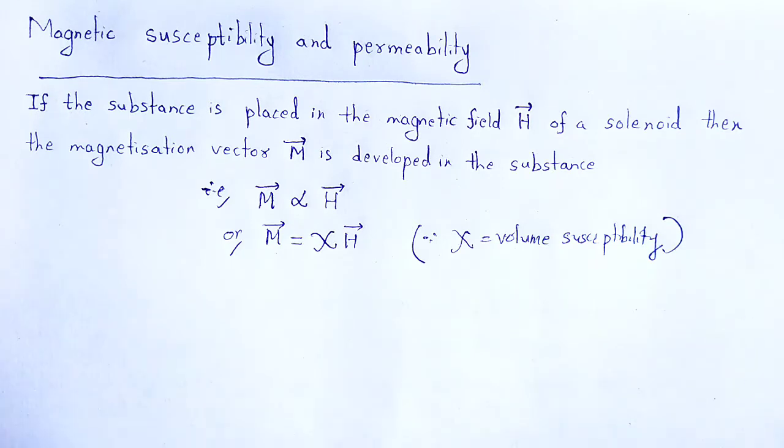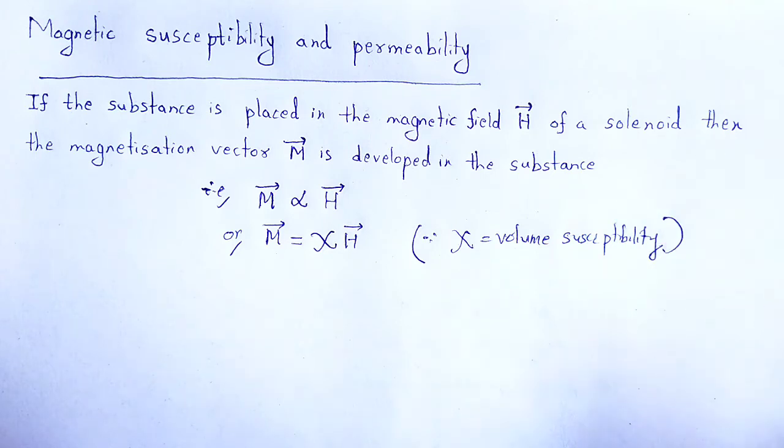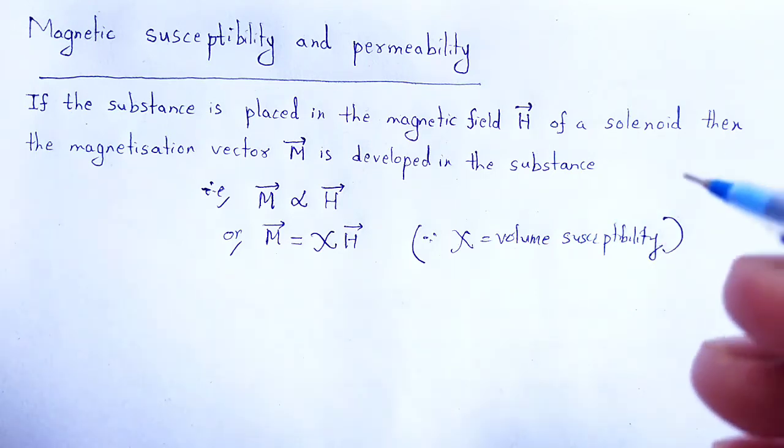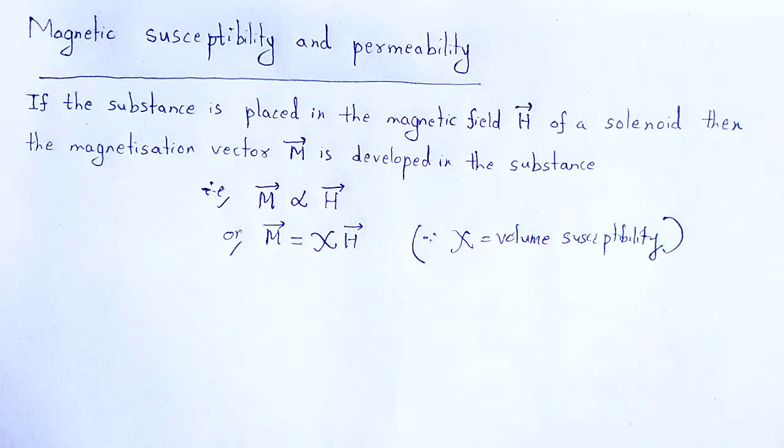If we take an example, in case of iron and copper, we say iron has got more susceptibility than copper. What exactly does that mean? That means iron can be magnetized more easily than copper.